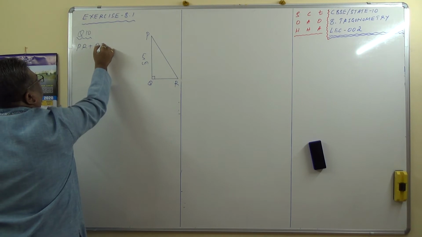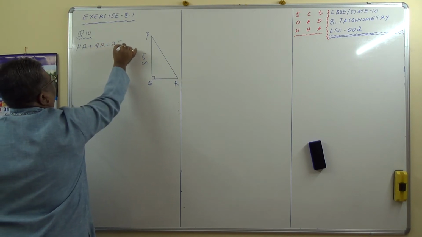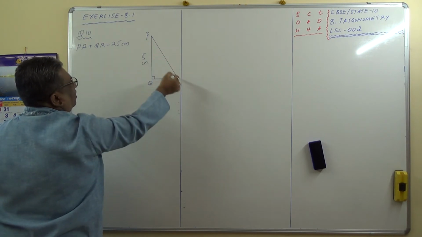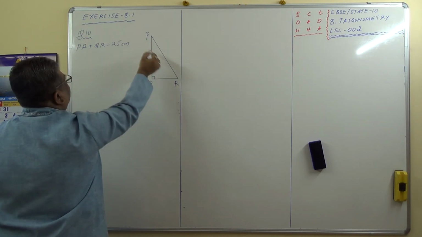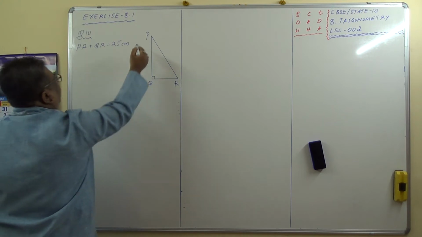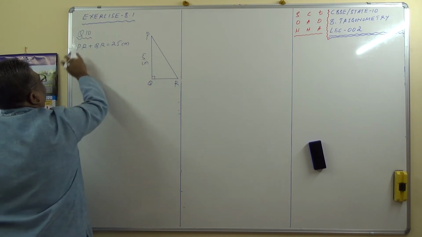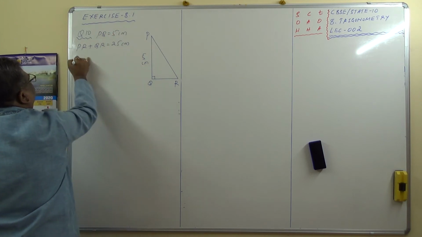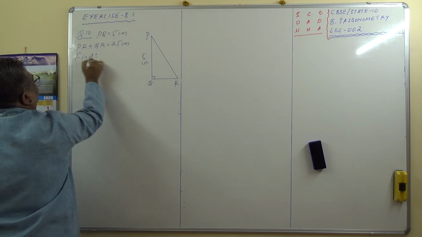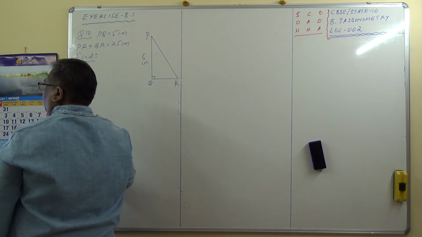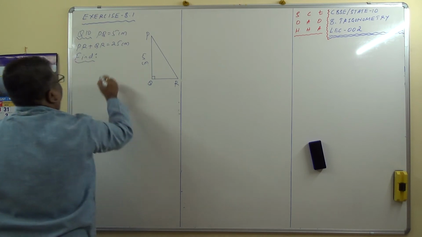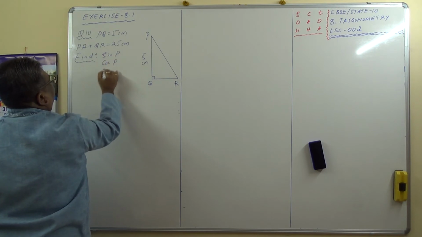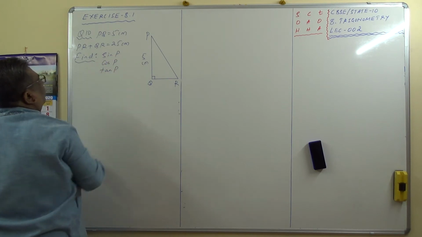PR plus QR equals 25 centimeter is given, and also PQ is equal to 5 centimeter. Find sin P, cos P, tan P. Solution.